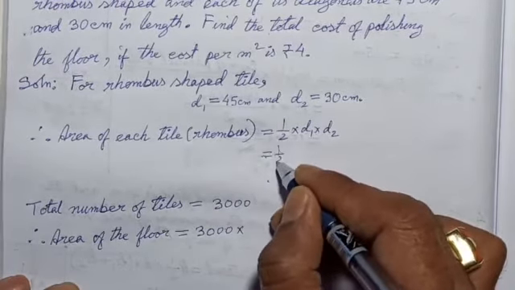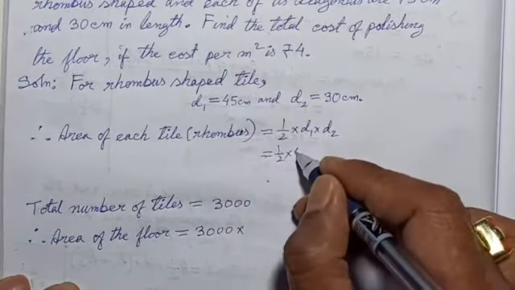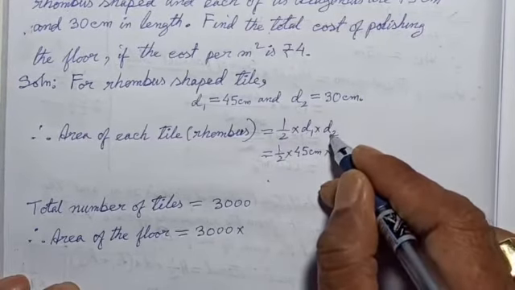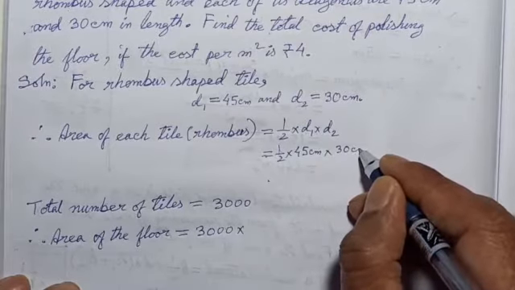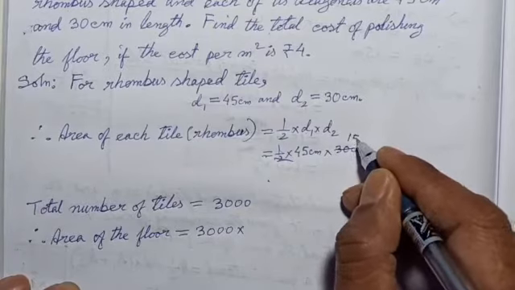Half, D1 is 45 centimeter and D2 is 30 centimeter. So 2 can divide 30, then we are getting 15.